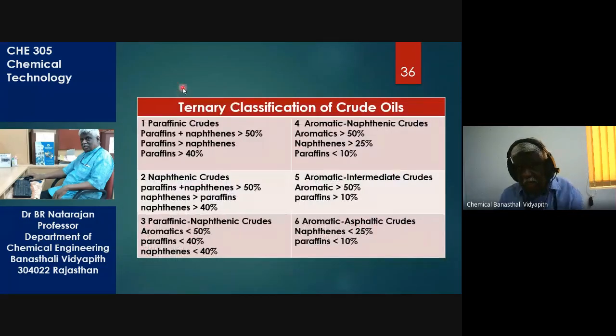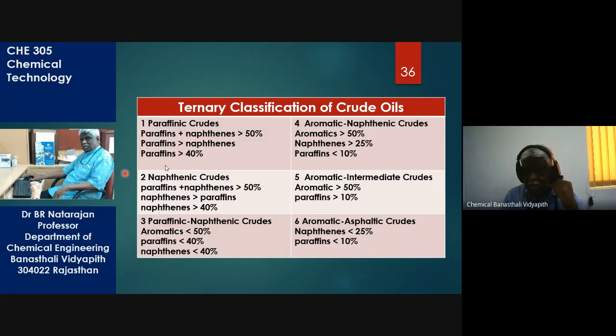Just look at this. I have 6 classes of crude oil: 1, 2, 3, 4, 5, 6. One is paraffinic crude. Paraffin plus naphthene is greater than 50%, in which paraffin is more than naphthene, and paraffin should be at least 40%. Then such a crude is class 1. Class 2 is naphthenic, where naphthenes are more than paraffin and naphthenes are more than 40%. So paraffinic crude, naphthenic crude.